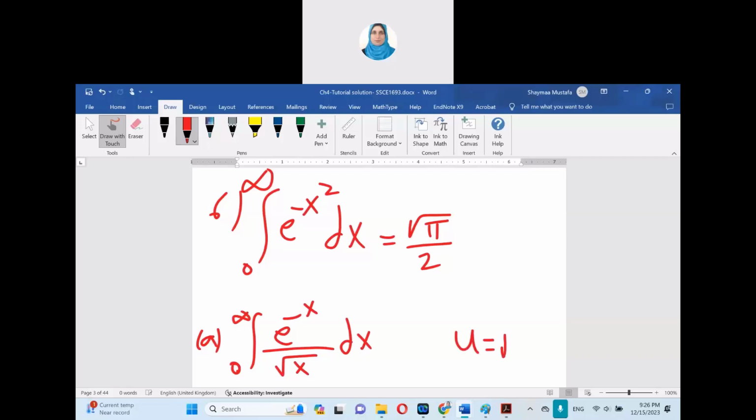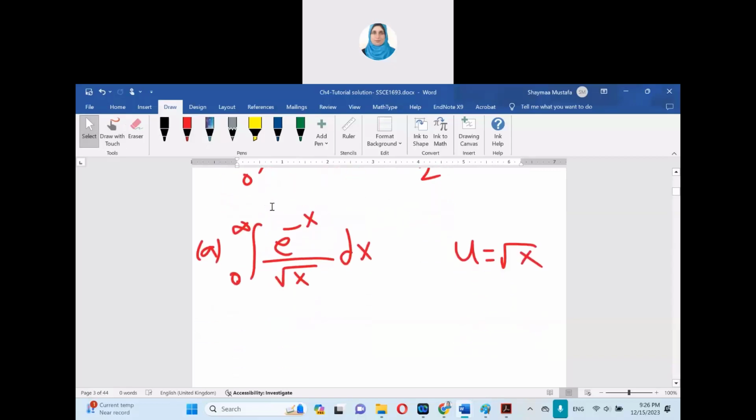So just take u equal to square root of x. Then du is 1 over 2 square root of x.